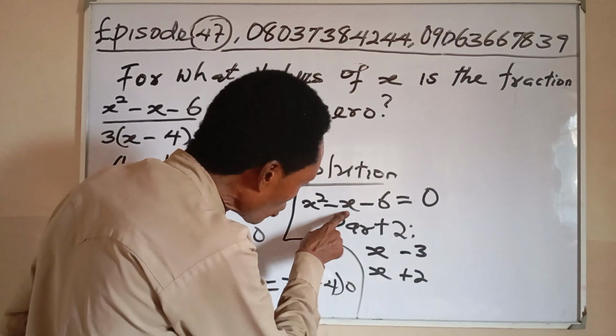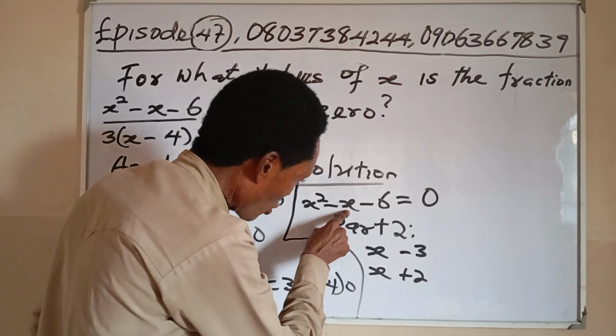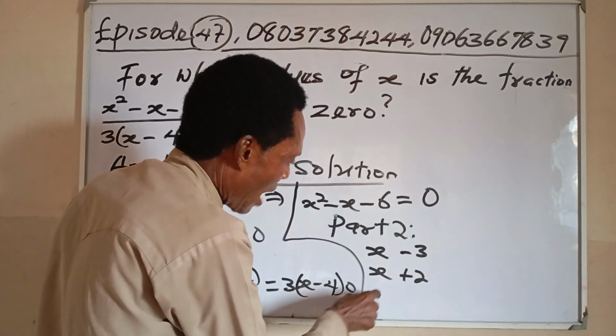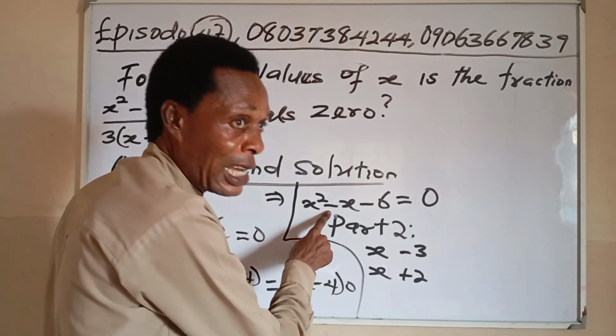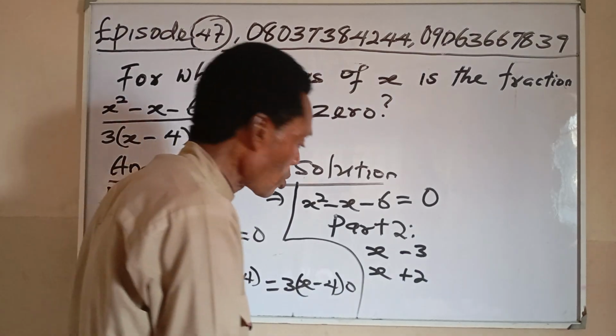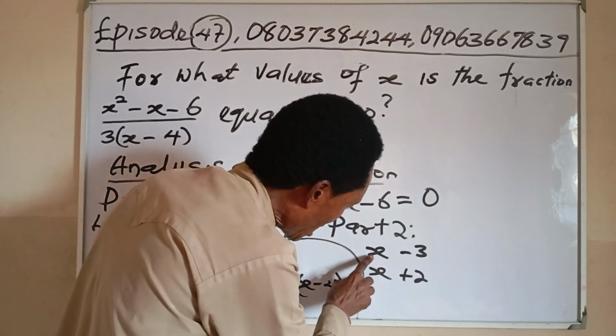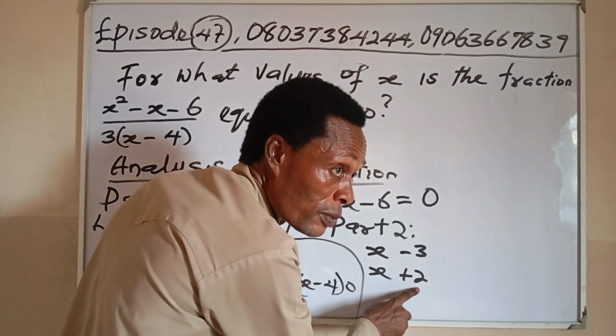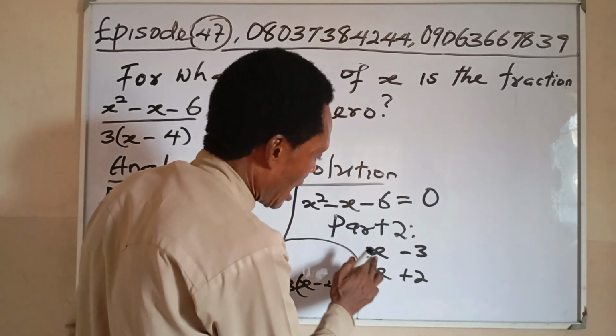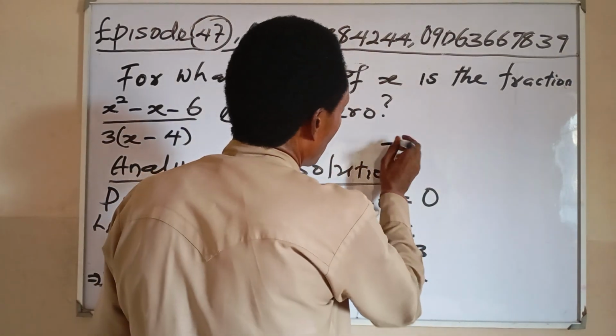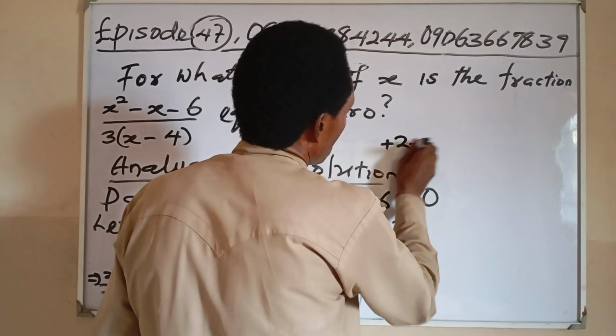Then to see if, by cross multiplication, you can get negative s here, you do cross multiplication. That is, s times plus 2 will give you plus 2s. See what I do?